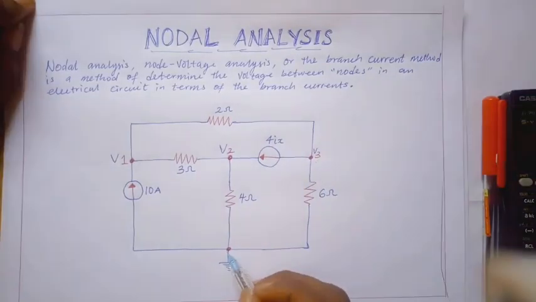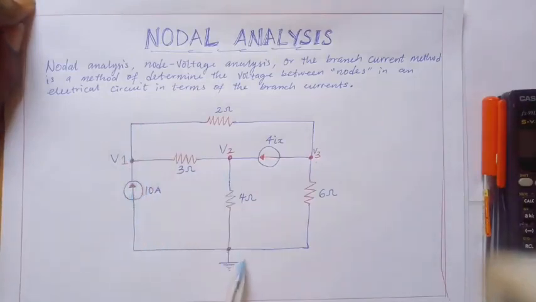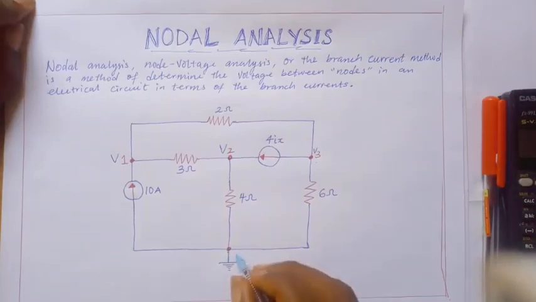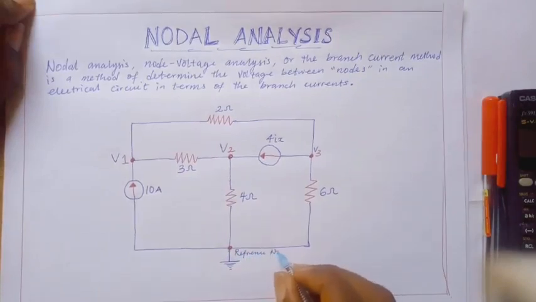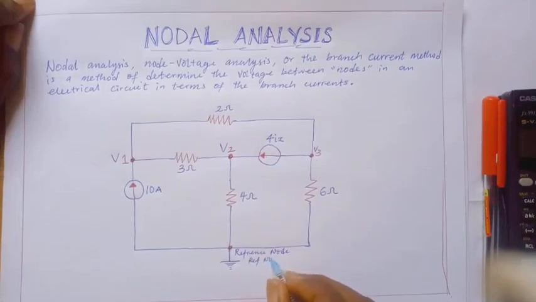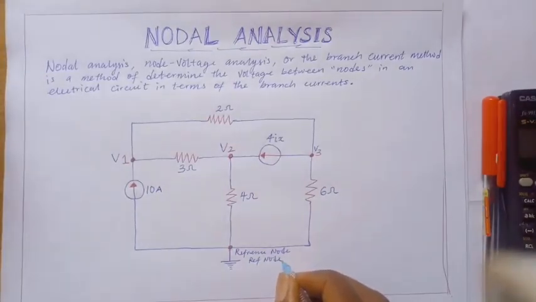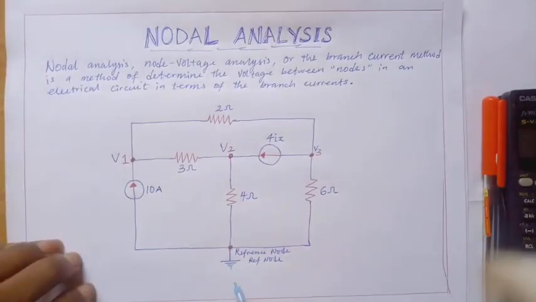And you are looking at this. We can say this one is 4. But you see, all these wires in this circuit are connected to this place. So we call this one the reference node. You can say ref node. This reference node is also known as 0 volt because it's connected to the ground.